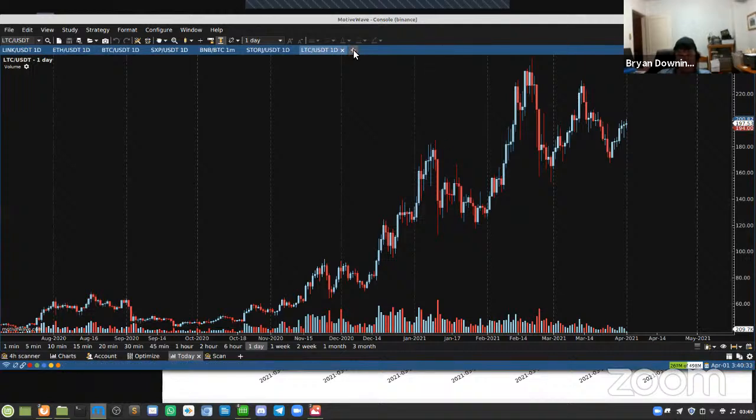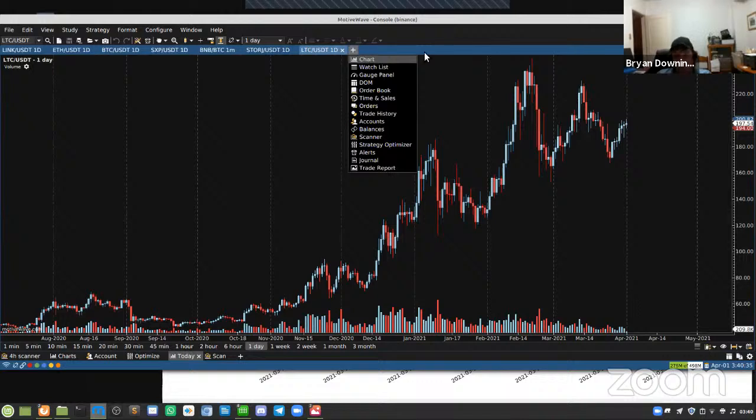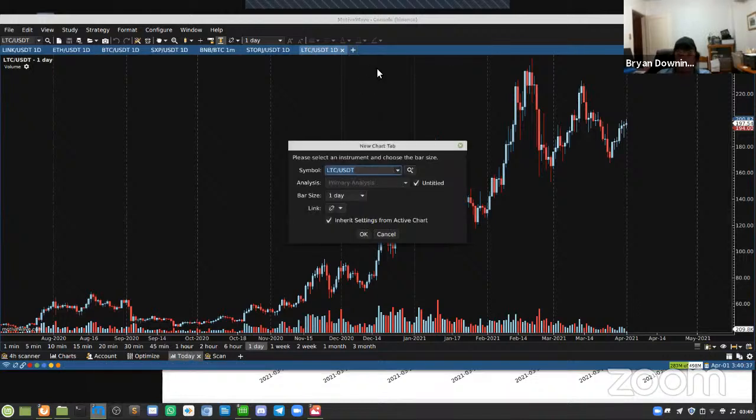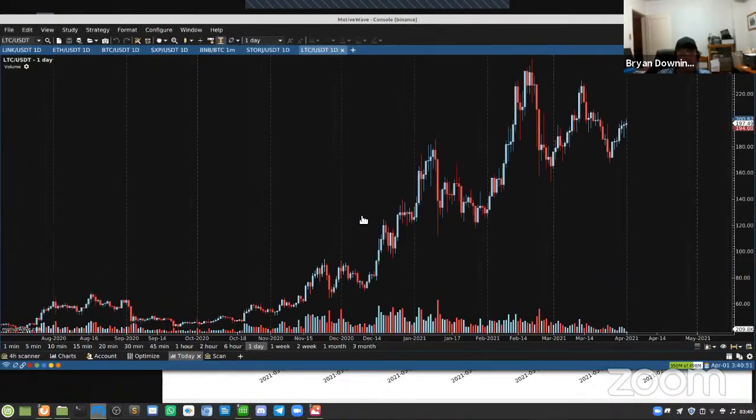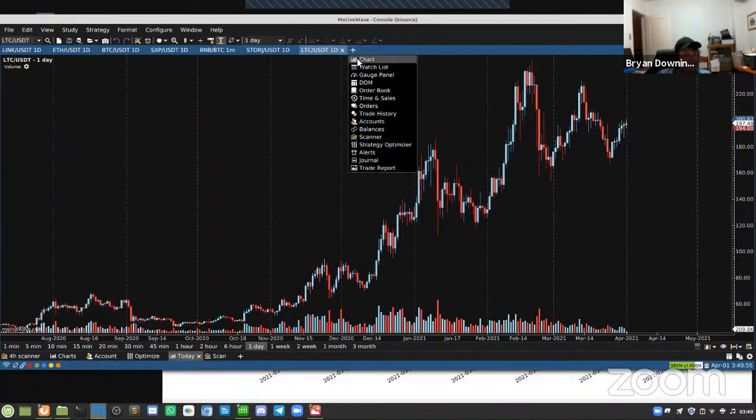Ant's the same metric as well. Ant's USDT. Yeah, 2 days ago it moved a little bit. SKL we haven't looked at. So these are the same. 62% out of 8. SKL.